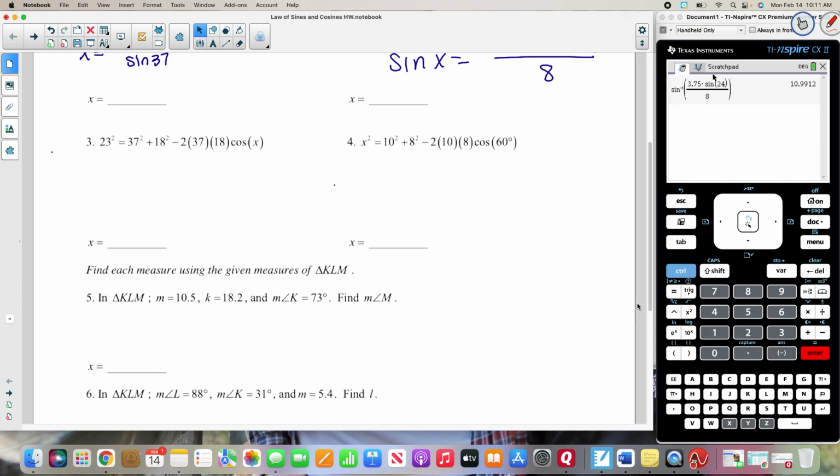Now, we have not used other letters besides ABC. If it freaks you out to have other letters, then change it to ABC. I don't care how you do it. So we're doing triangle KLM.